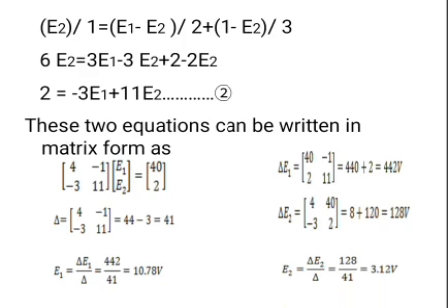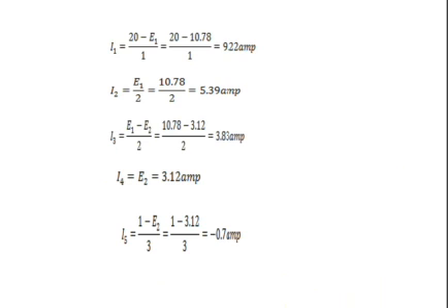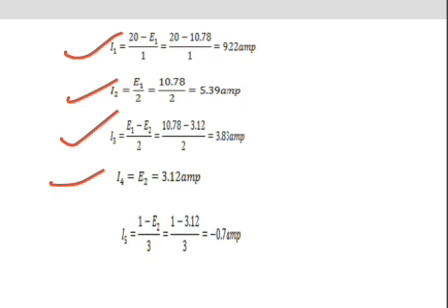Next, E2 equals delta E2 divided by delta, which is 128 divided by 41, that equals 3.12 volt. Once the voltages E1 and E2 are known, we can calculate all the branch currents: I1, I2, I3, I4, I5.